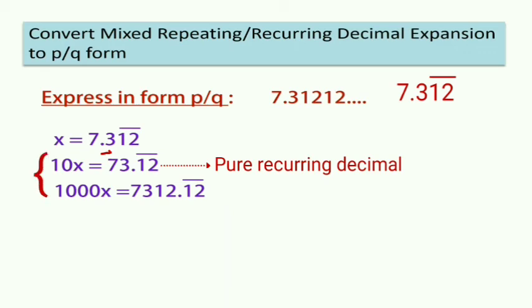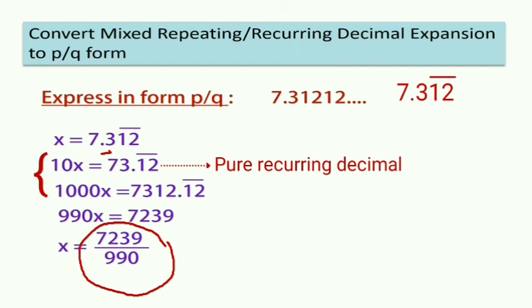We get 990x equal to 7239. So x equal to 7239 by 990. So this is the form p by q. Hope you all understand.